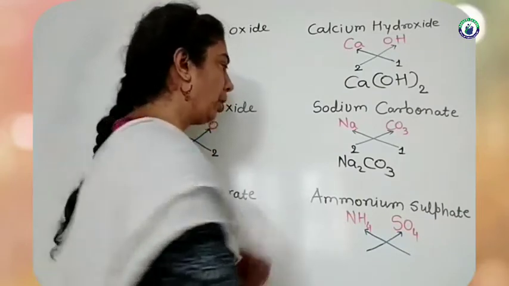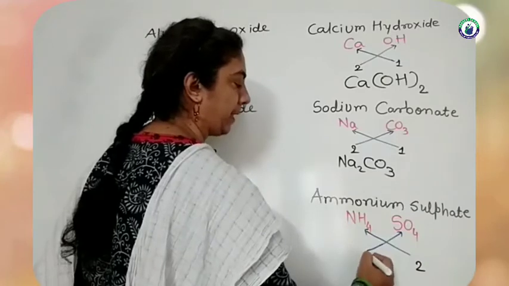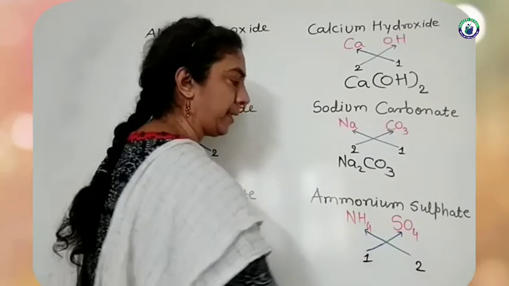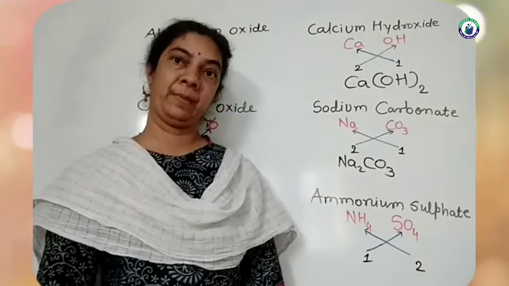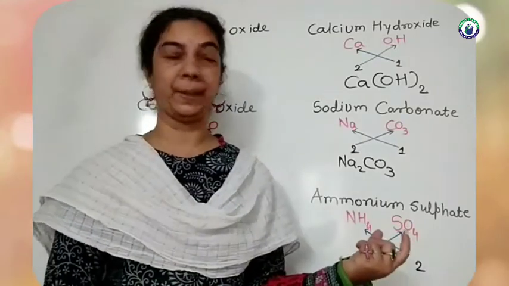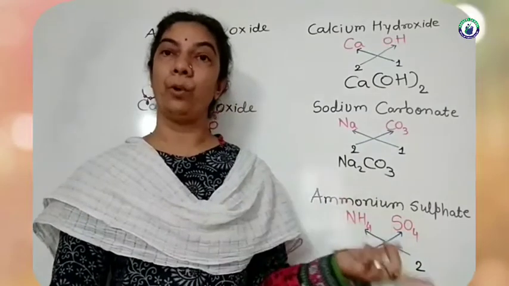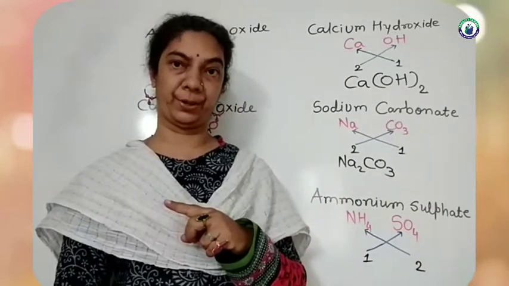The last example we are taking is ammonium sulfate. The valency of sulfate is 2 and the valency of ammonium is 1. Once again, this is the most complex example, where both the positive and negative ions are polyatomic ions.